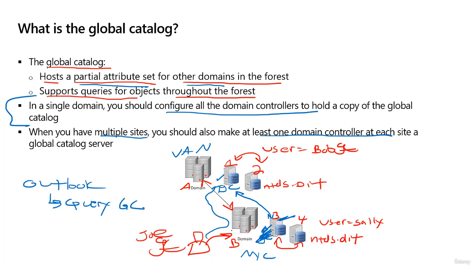So it would just be more efficient if you had a global catalog in each of these sites. So anything users query, they would simply query the domain controller in the site they're actually in. So at a minimum, one per site.